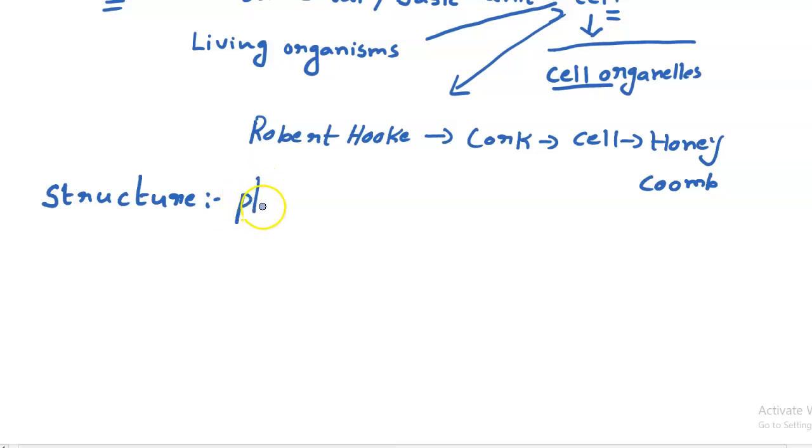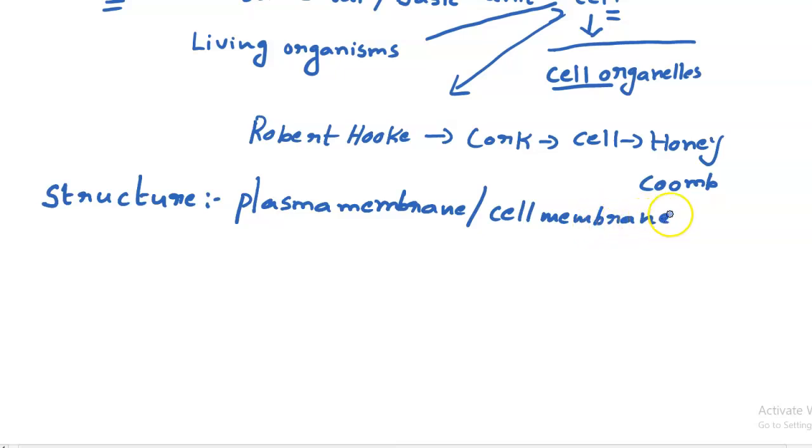Starting from outside, we observe the presence of the plasma membrane, which is also known as the cell membrane. The plasma membrane is made up of biomolecules, lipids and proteins.